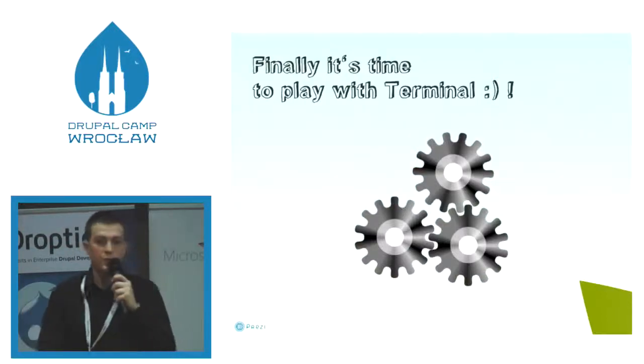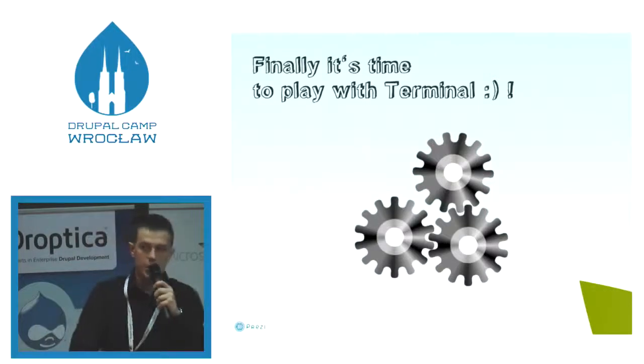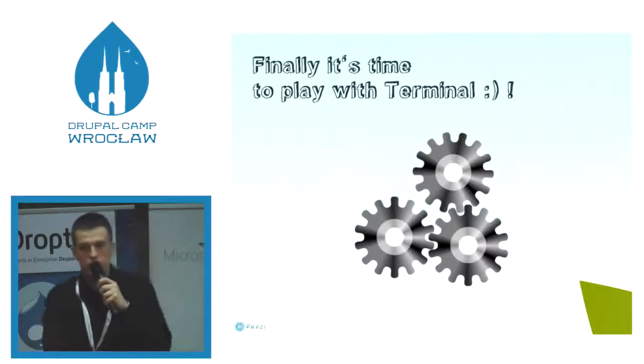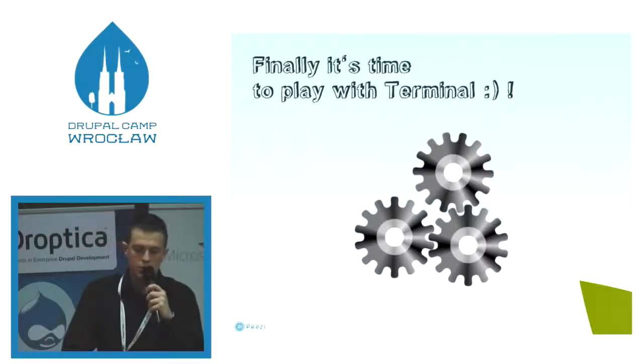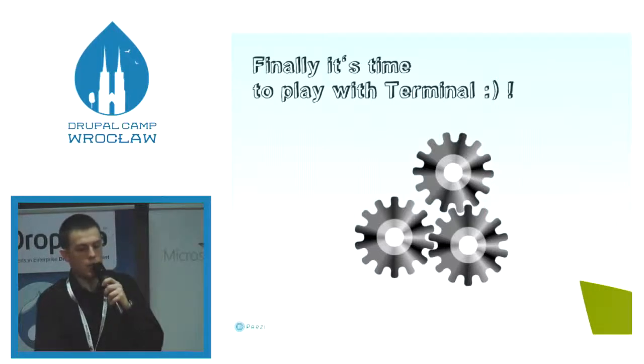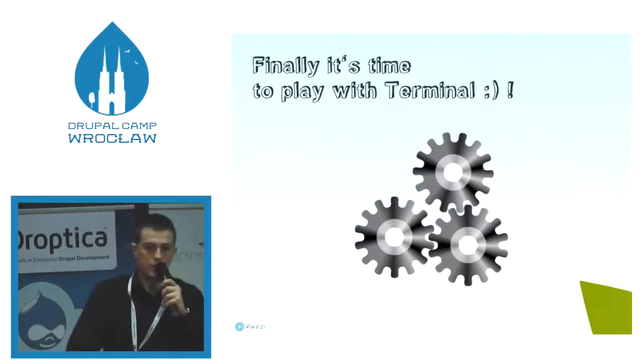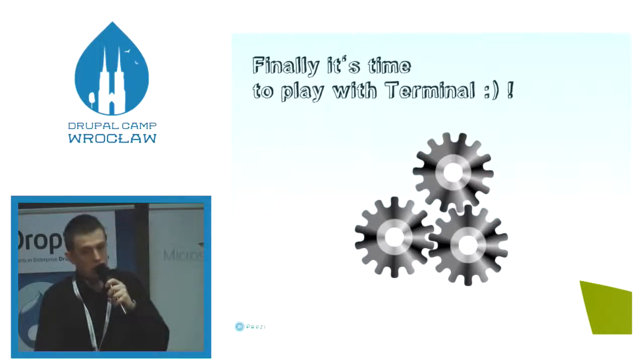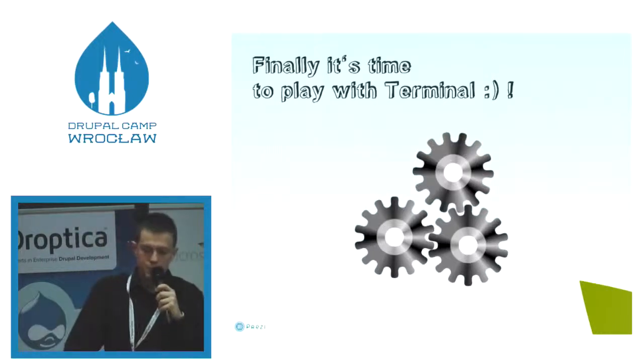Okay, but what are the requirements to start the process? First of all, we need to download and install VirtualBox. It doesn't have to be some specific version. The newest is okay. Next thing is to download and install Vagrant. In Ubuntu, you just need to do sudo apt-get install vagrant.